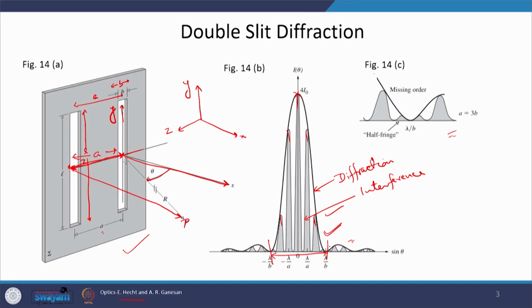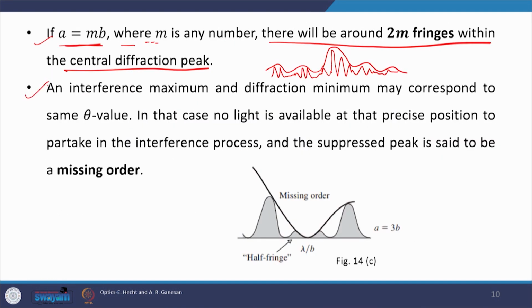Now, it may so happen that an interference maximum coincides with a diffraction minimum, at the same theta value. What will happen? Interference says that there should be an irradiance maximum, while diffraction says that there should be an irradiance minimum.